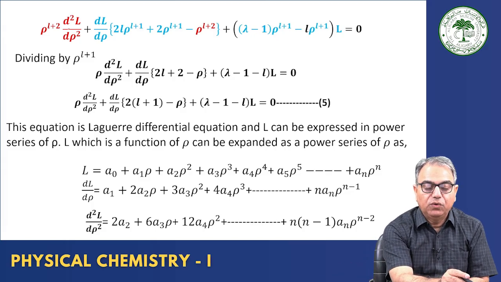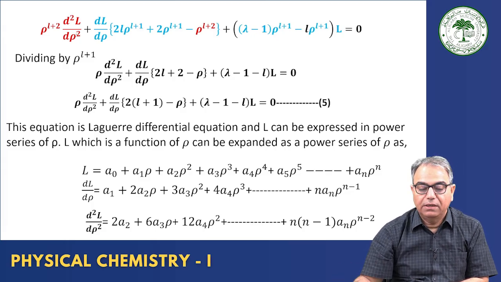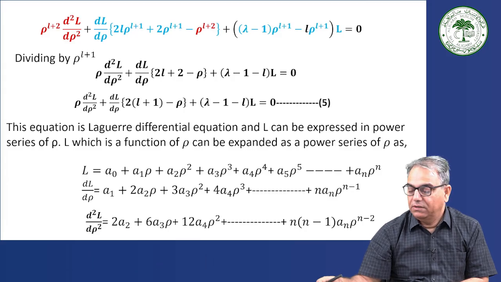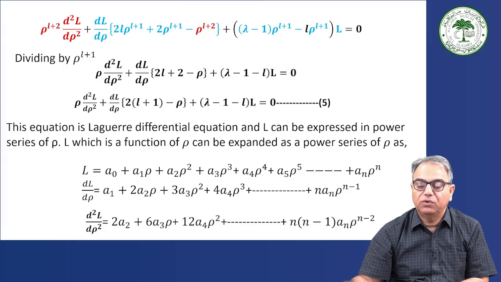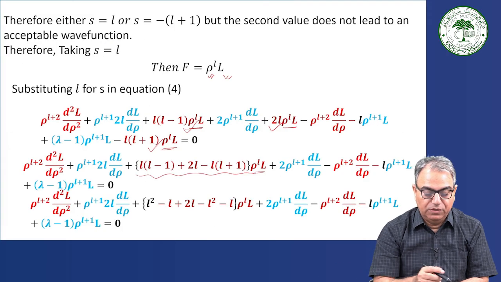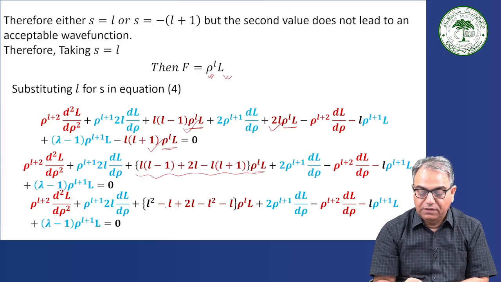rho^(L+2) d²L/dρ², 2L rho^(L+1) plus 2 rho^(L+1) minus 2 minus rho^(L+2) plus lambda minus 1 rho^(L+1) minus L rho^(L+1) into capital L. So, you look at this one, this will remain same, we have this minus L 2L, so this will go.